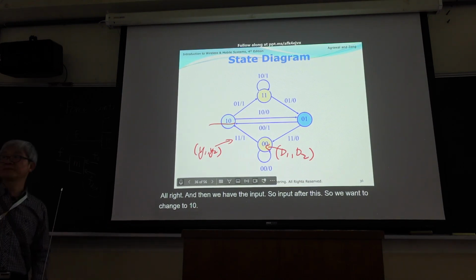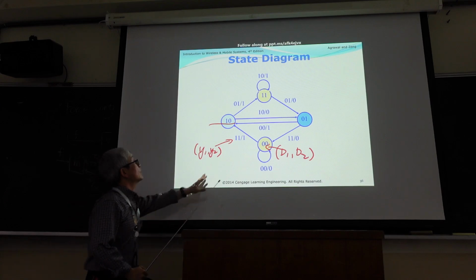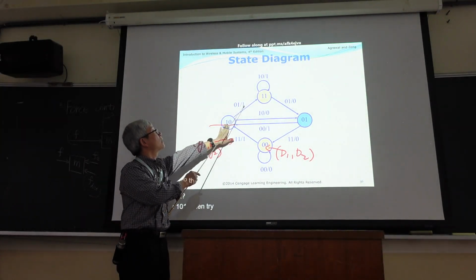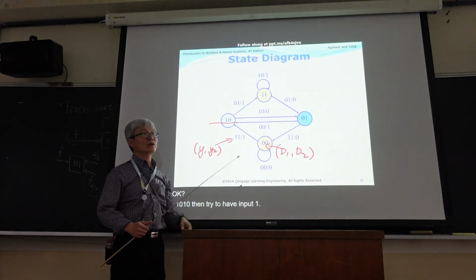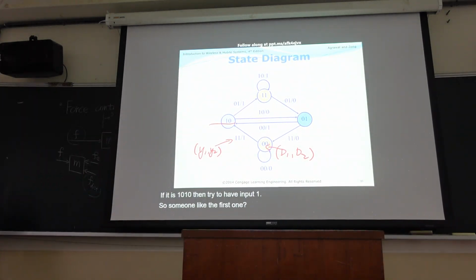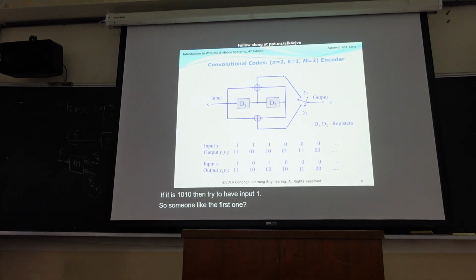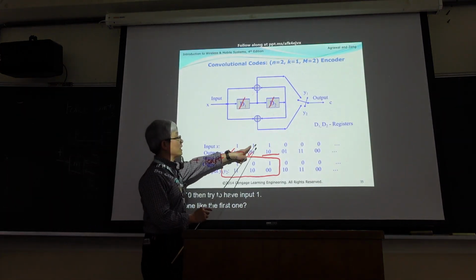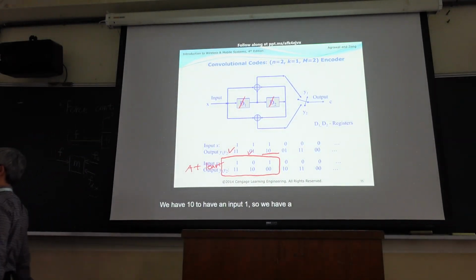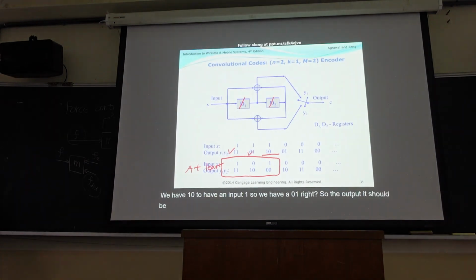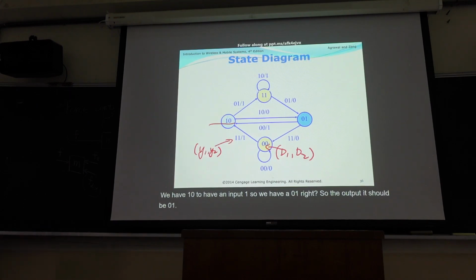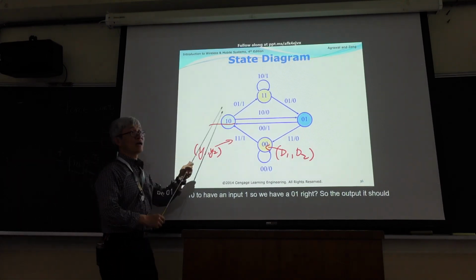Is it okay? If it is 1, 0, then try to have an input 1. So something like the first one. We have a 1, 0 to have an input 1, so we have a 0, 1, right? So the output should be 0, 1. Right?